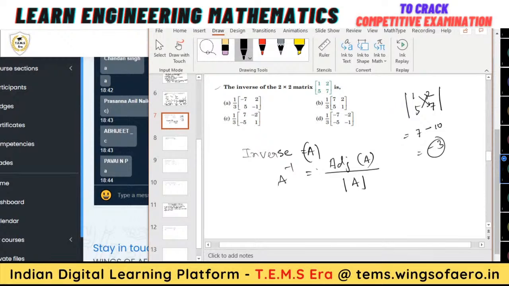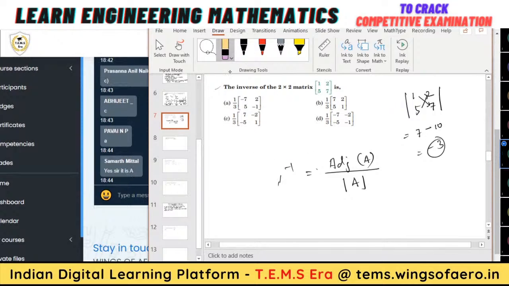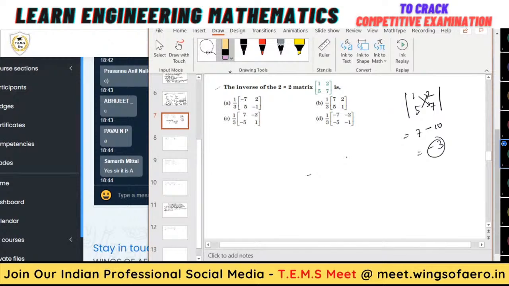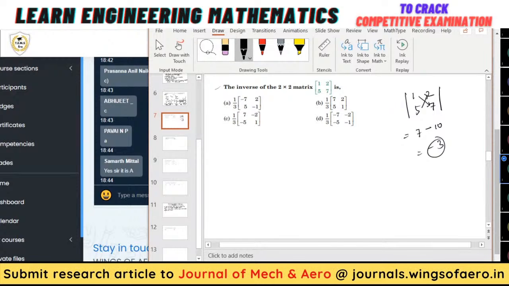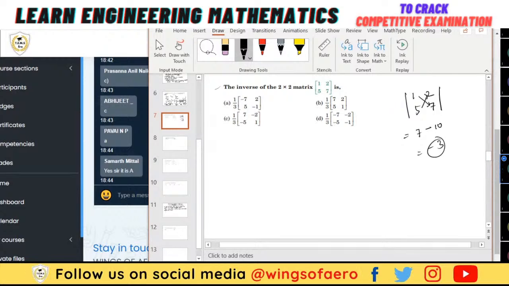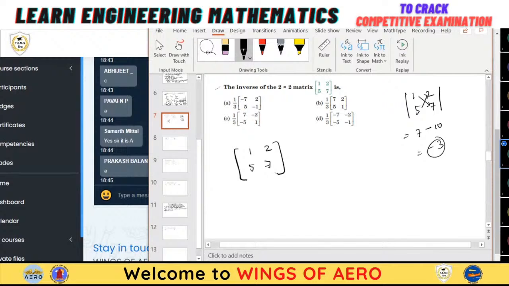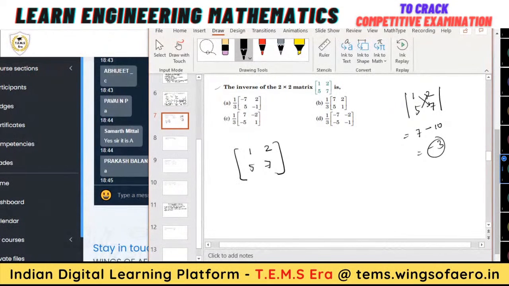Now we need to find the adjoint. How to find the adjoint? This is the matrix 1 2, 5 7. To find the adjoint, first find the cofactor matrix.